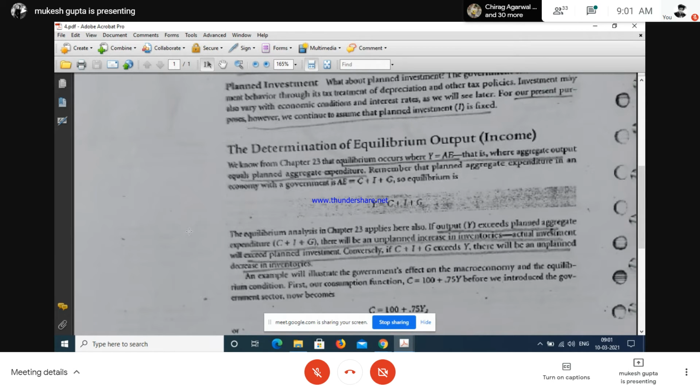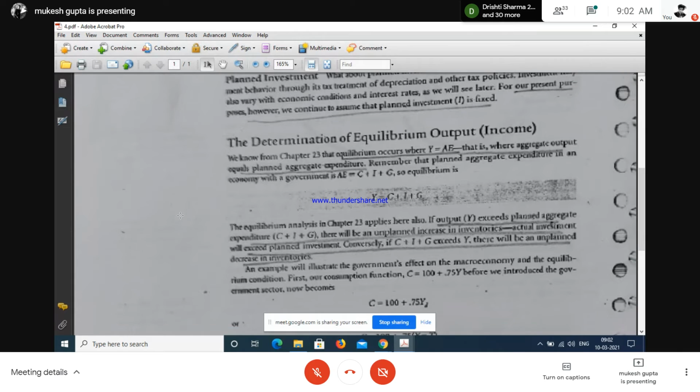In another way, we can say the total output has been generated, Y, and out of Y some part goes for consumption expenditure, some output has been used as investment expenditure, and some output has been used as government expenditure. So basically this is the thing for the equilibrium level of output.